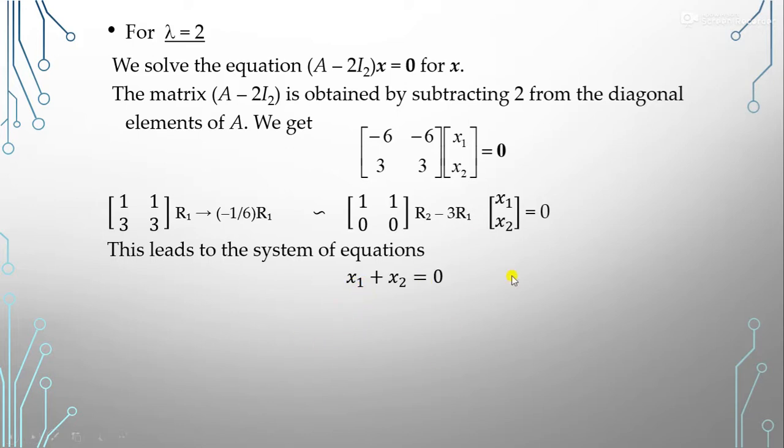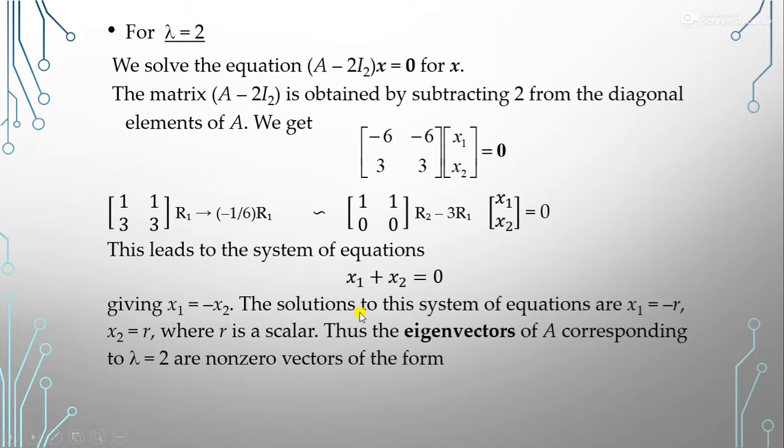The same procedure we have to follow here. So here our x1 is minus x2. If we put x2 equal to r, then x1 becomes minus r. So now we can say that our eigenvector of A corresponding to lambda equal to 2, in vector form, is x1, x2.